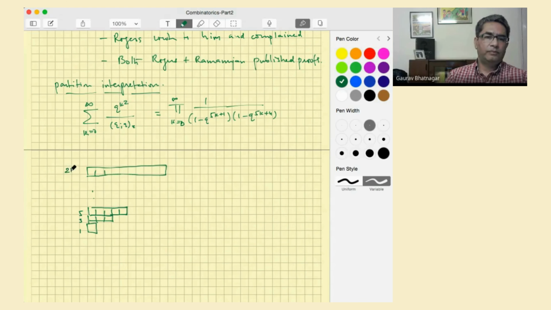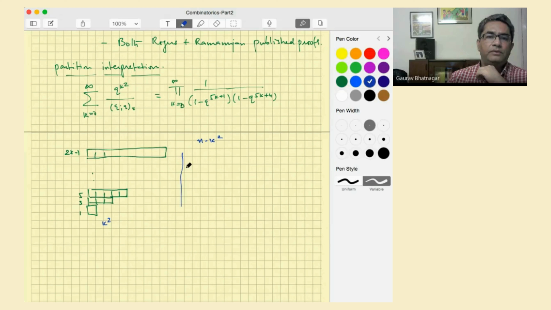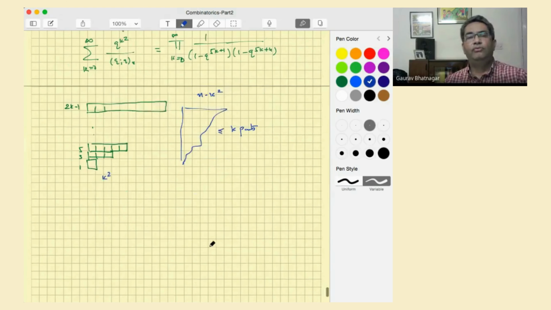The sum of the first k odd numbers will give you k square. And then you stick to it a partition of less than k parts from this, 1 over q sub k.